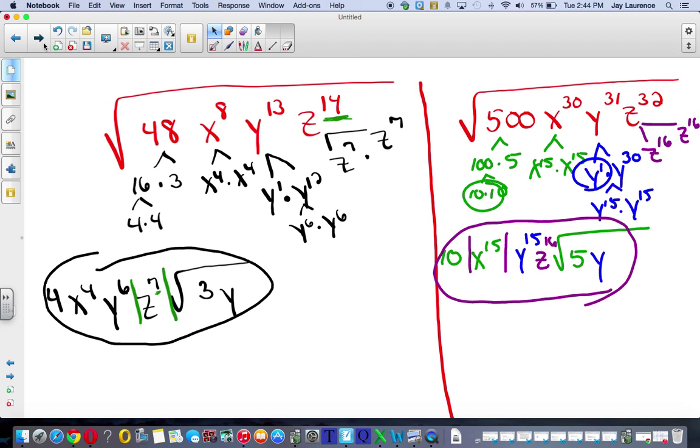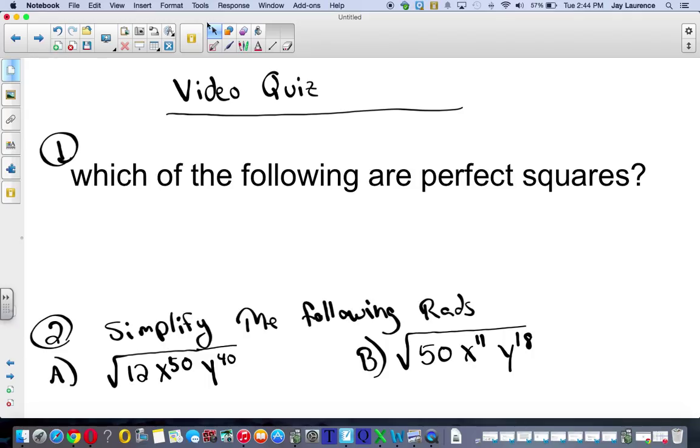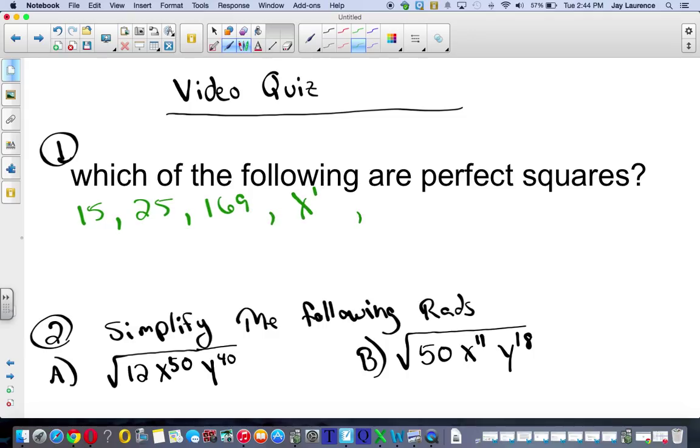All right. Here is your video quiz. Which of the following are perfect squares? Let's see here. 15, 25, 169, x to the 1st, x to the 9th, y to the 20th, z to the 50th, and let's do a k to the 18th.